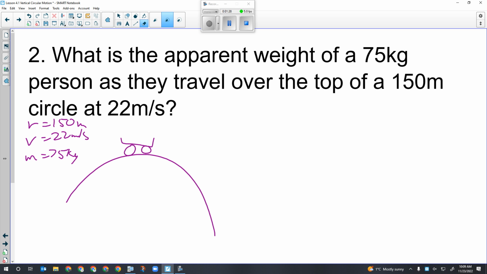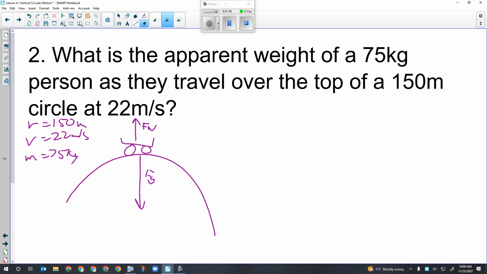So they're going over the top of this hill. We're looking for their apparent weight, which is what force? Normal force. Which in this case is acting up and out of the circle. And we have this force, gravity, which is acting down into the circle.